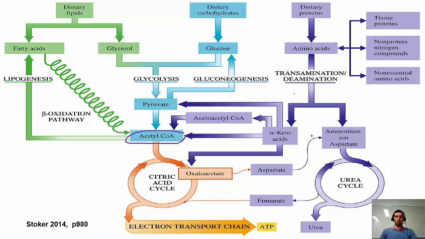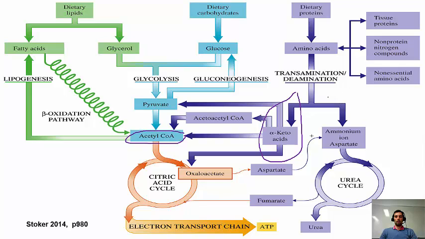So most of the connections from amino acid metabolism to the other branches of metabolism are via these keto acids, or the carbon skeletons. So remember, this is what's left over after we remove the amino group from the amino acid. So some of these feed into the citric acid cycle, some can be pyruvate, and some can be converted into acetyl-CoA.